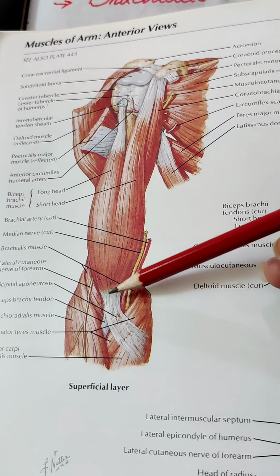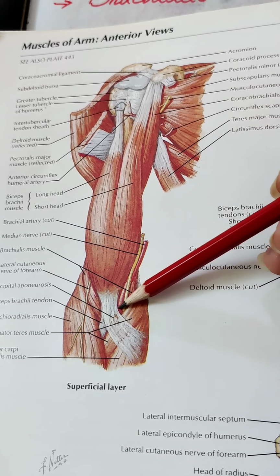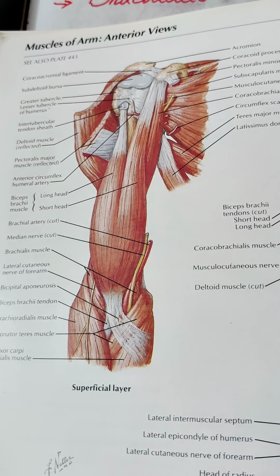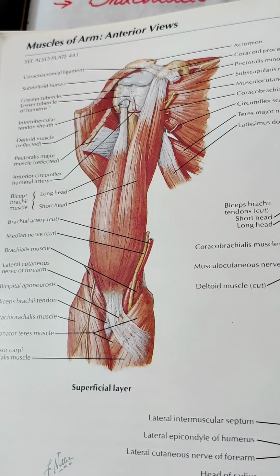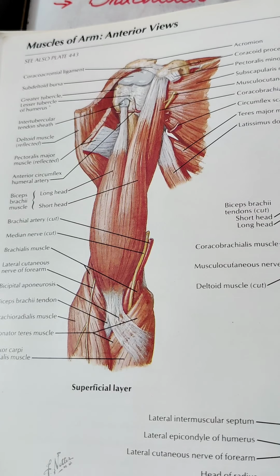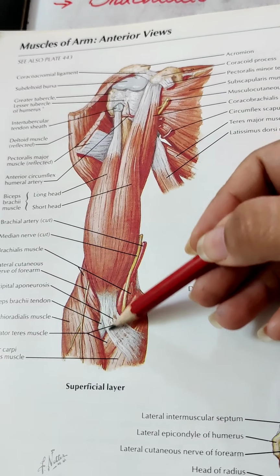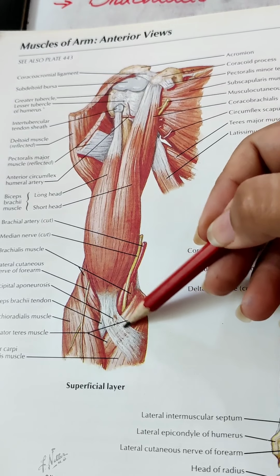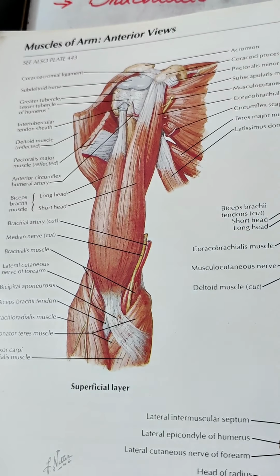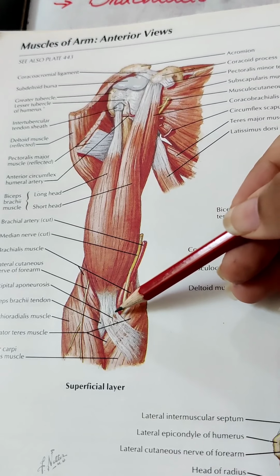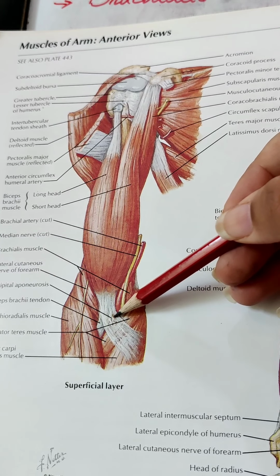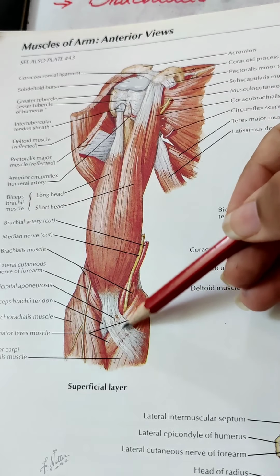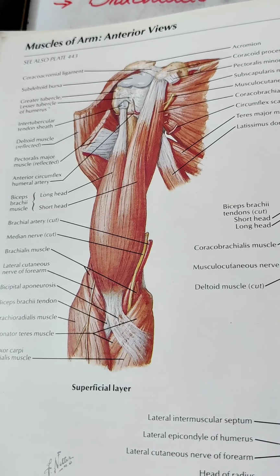So this aponeurosis, now what is an aponeurosis? It's a triangular membranous band in this case. So the tendon becomes membranous and it fans out a bit, and this here is known as the bicipital aponeurosis, and then this bicipital aponeurosis gets inserted into the deep fascia of the forearm.